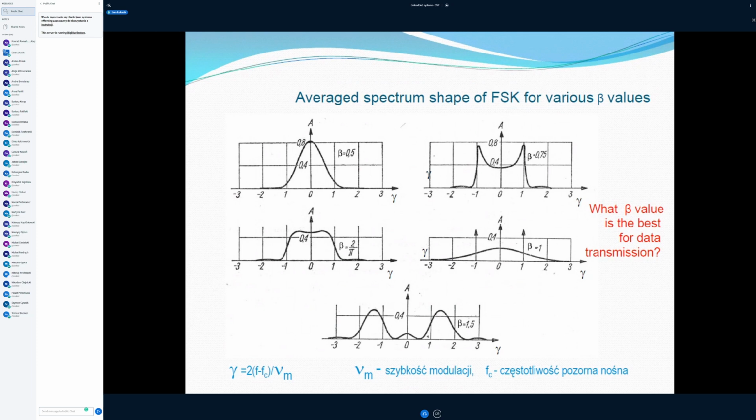modulation index. And I gave you a kind of homework to find out what is the modulation index in Bluetooth. Did you find it? Somebody remembered to check what is the modulation index in Bluetooth?